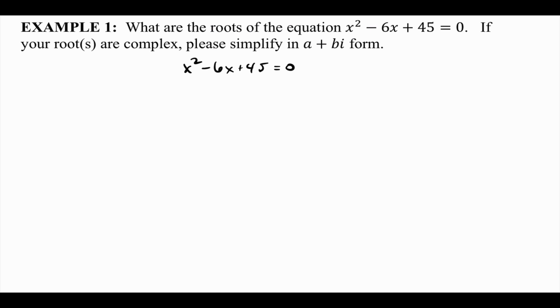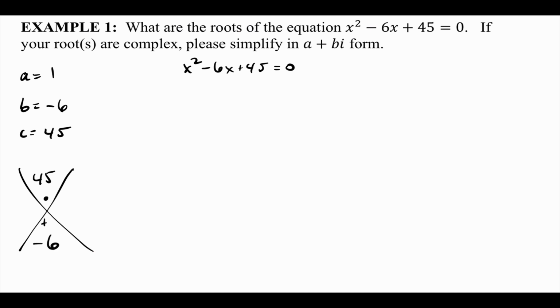Next step was ABC. So A equals, B equals, C equals. A is 1. B is -6. C is +45. So 1 times 45 is 45.